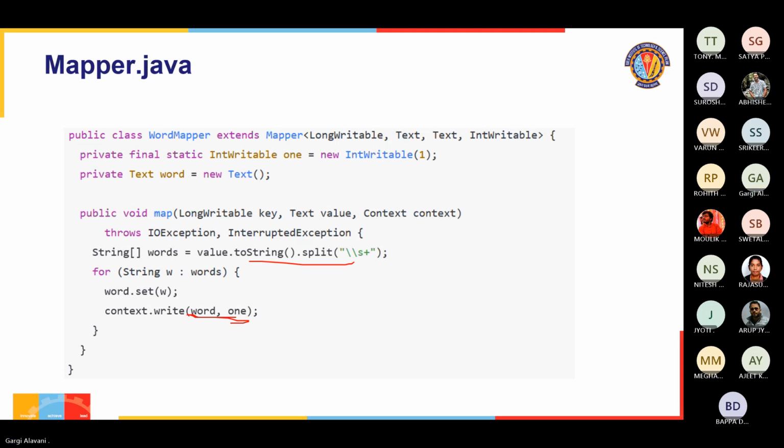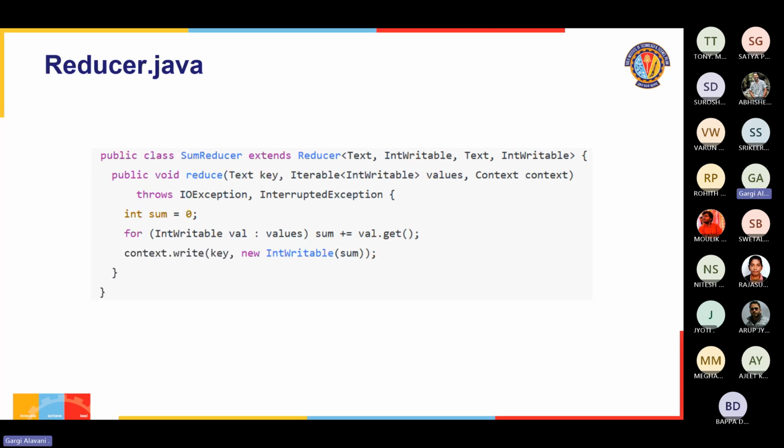Then the programmer has to write the reduce function. This reducer.java will sum all the counts for each word and write these back to the HDFS. So here we are seeing how we can express this data parallel problem easily using MapReduce.